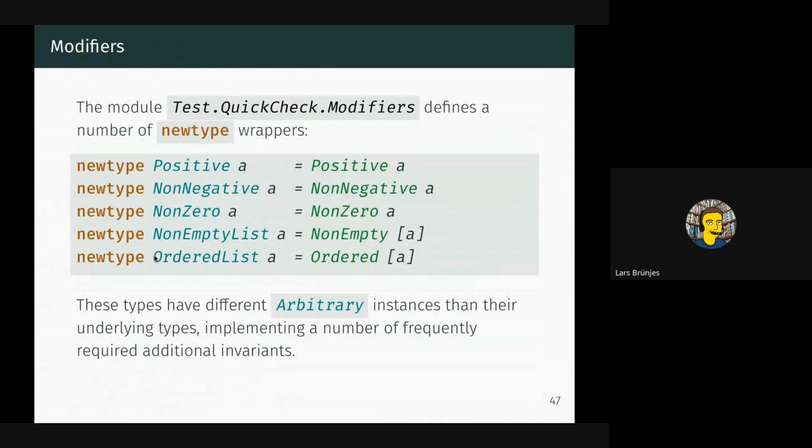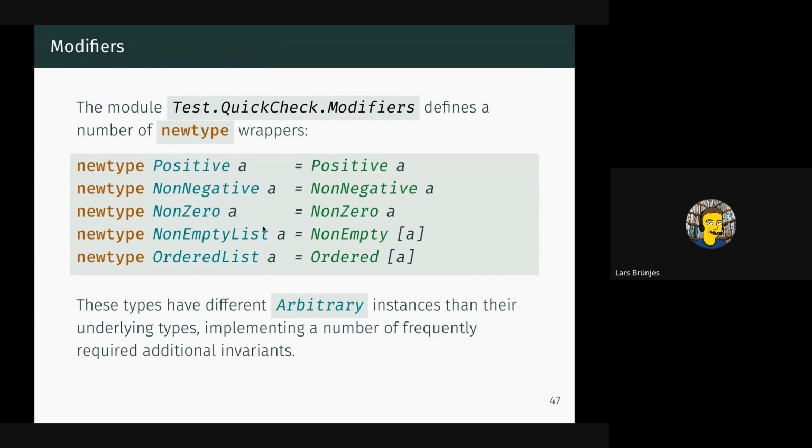So this, what I now call SortedIntList, there's something in QuickCheck that's called OrderedList, and it's not just for ints, it's for any type that must be Arbitrary and must have an Ord instance. Then it does that automatically. And there are similar ones. So for example, Positive.